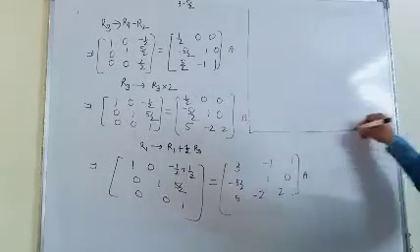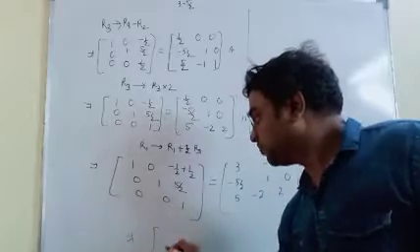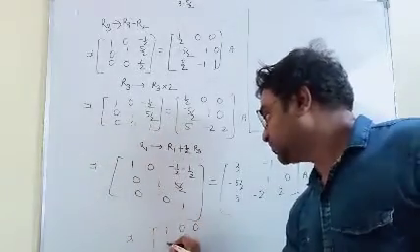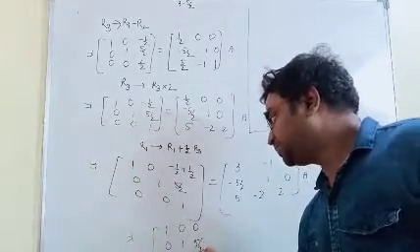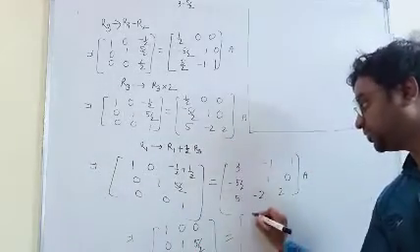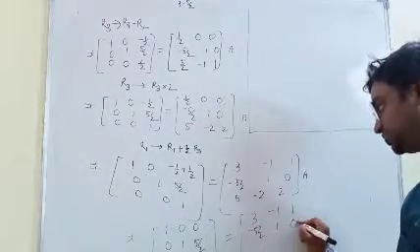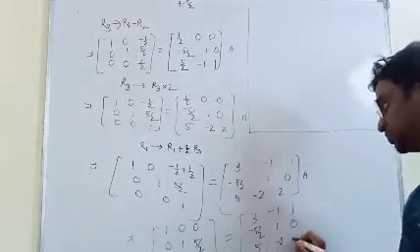I will go for this. This will become 0, as you know. This will become 1 0 0, 0 1 5 by 2, 0 0 1. This is the same. 3 minus 1 1, minus 5 by 2 1 0, 5 minus 2 2.